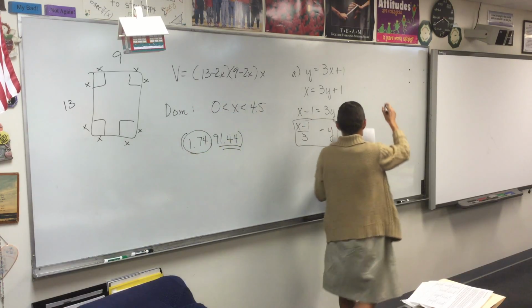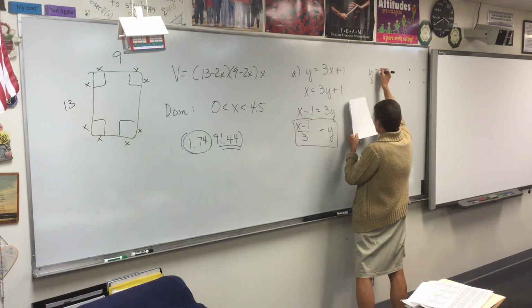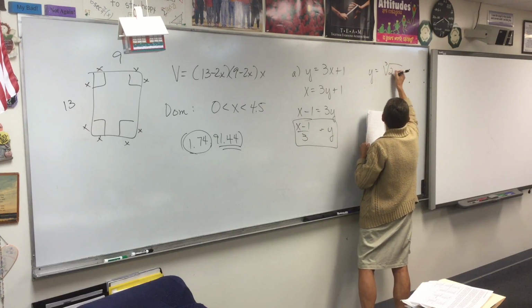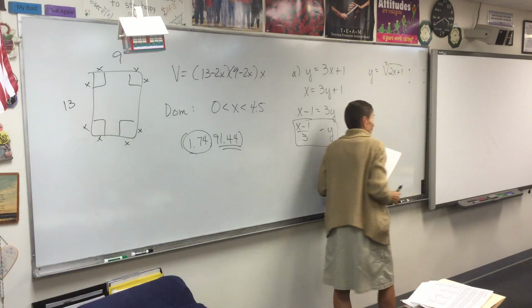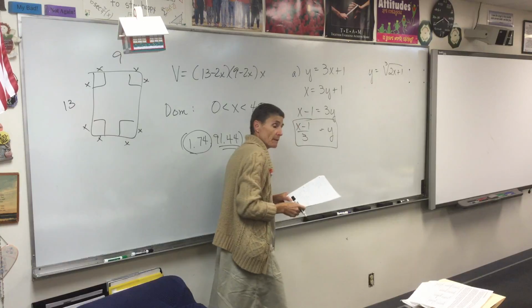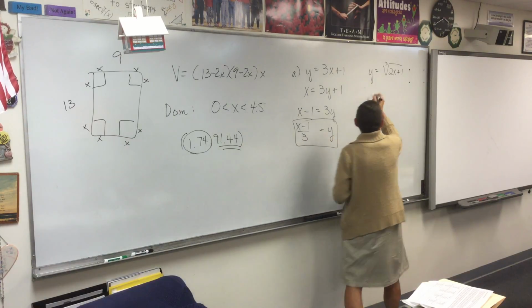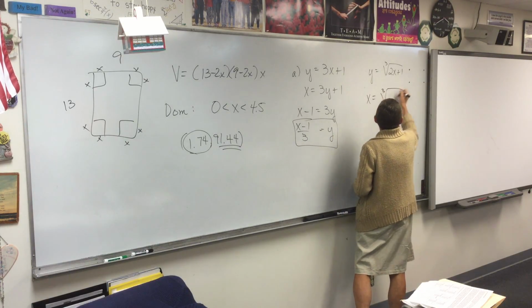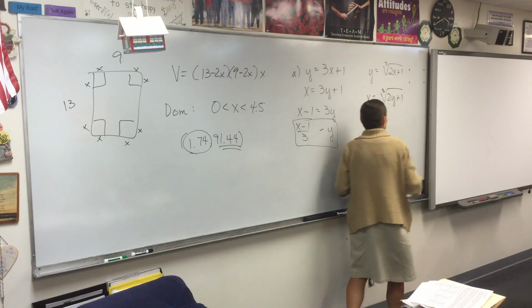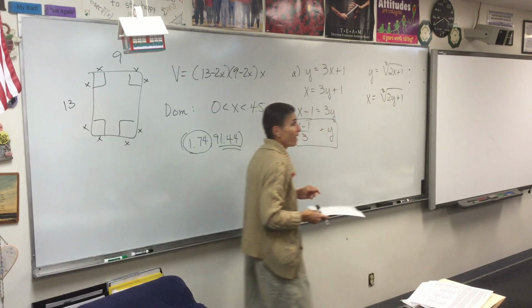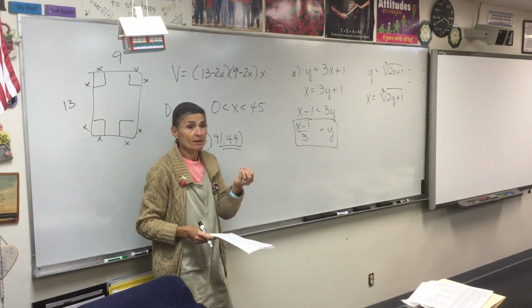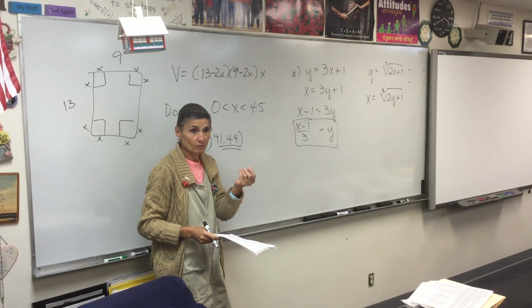All right, how about the next one? What's step 1? Switch. Yep, same as before. That never changes. You're going to switch your variables. Now, you got to solve for y, but it's buried underneath the radical.